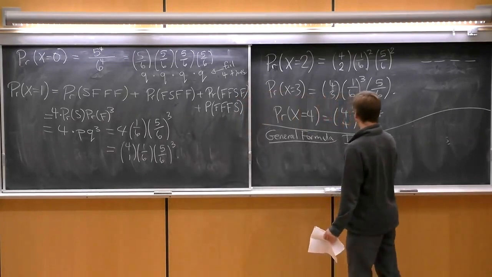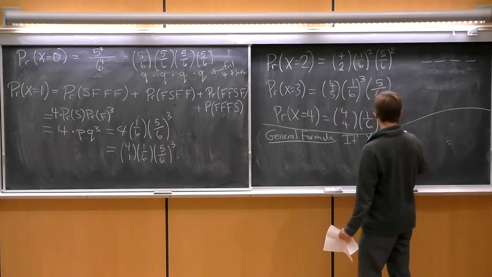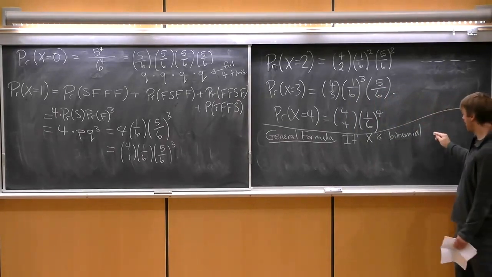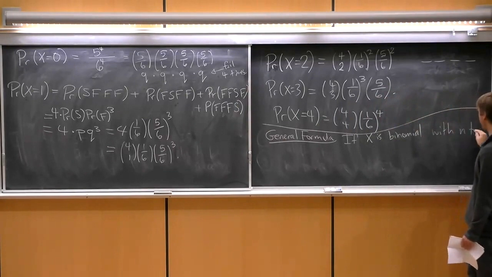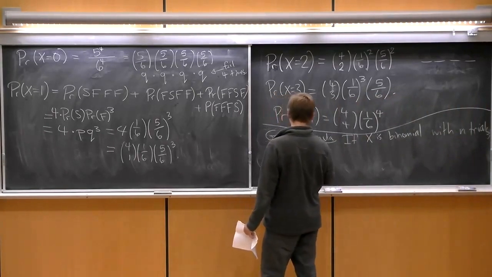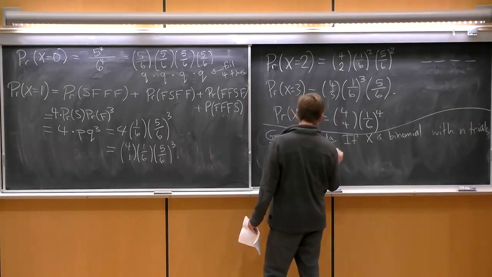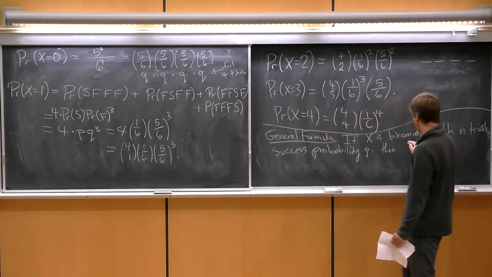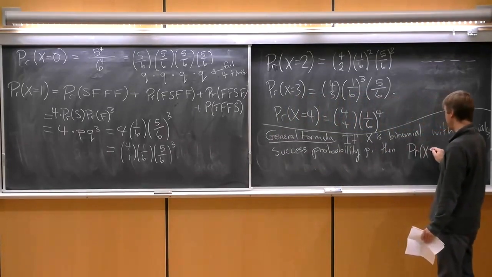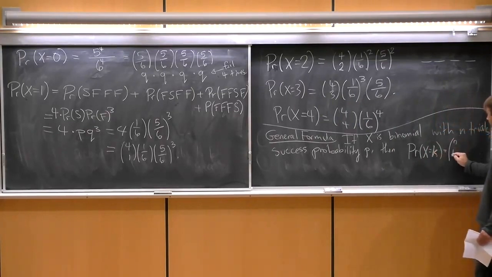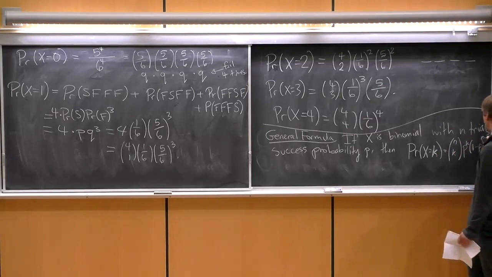So if x is a binomial random variable with n trials and success probability p, then for any k, the probability that x is equal to k is n choose k, p to the k, 1 minus p to the n minus k.